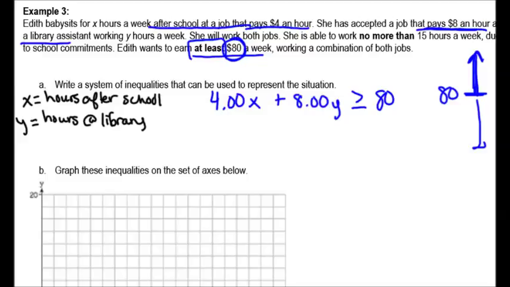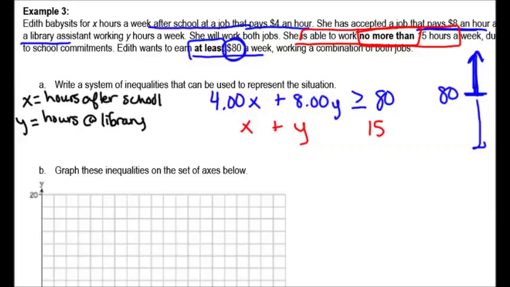The next inequality comes from the number of hours that she is working. And again, you have to really read between the lines to get this second equation. It says she is able to work no more than 15 hours a week, okay? So that means all the hours after school plus all of the hours in the library cannot be more than 15.